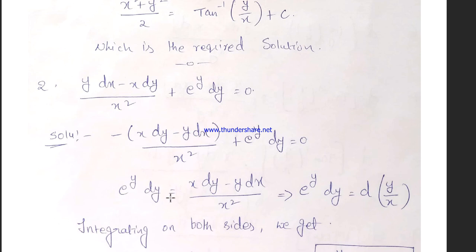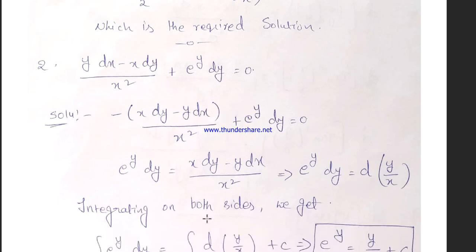e power y into dy equals this term taken to the other side, from LHS to RHS, where the sign changes: (x dy minus y dx) by x square. We have a formula for this from the differentials, that is d of (y by x).